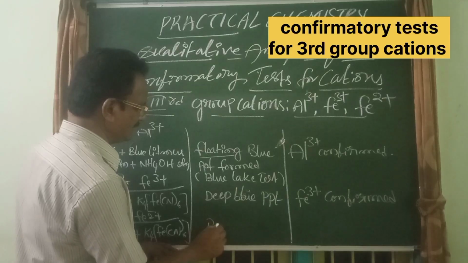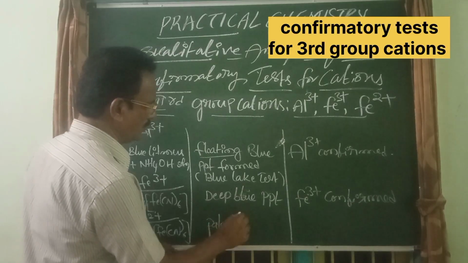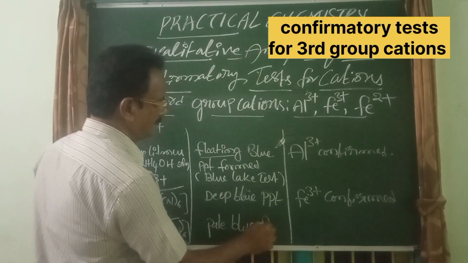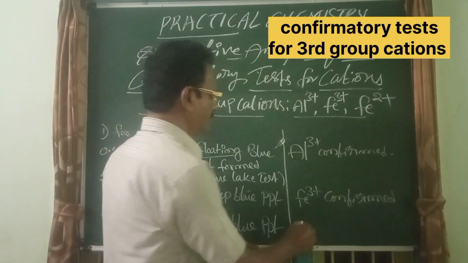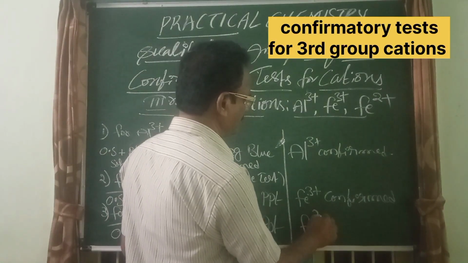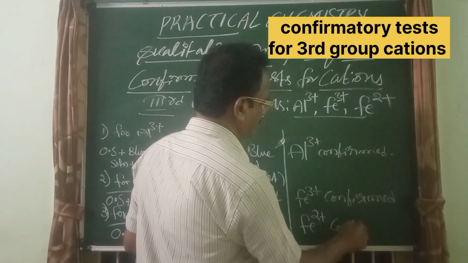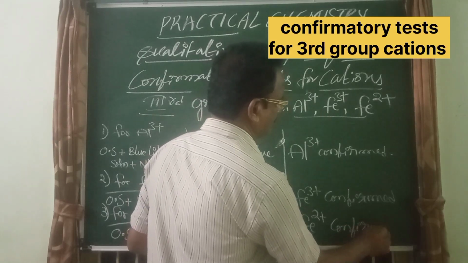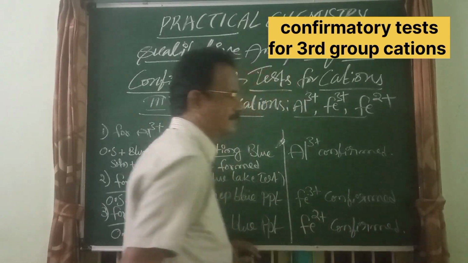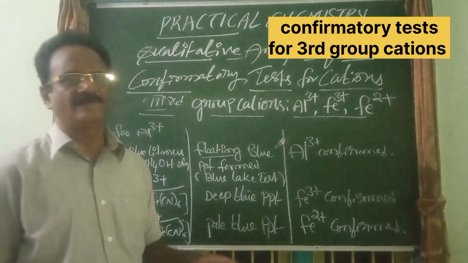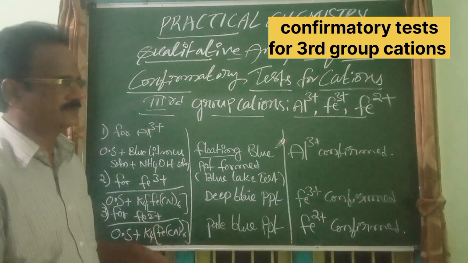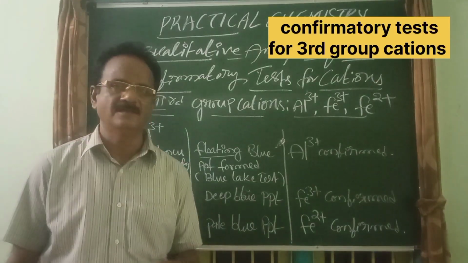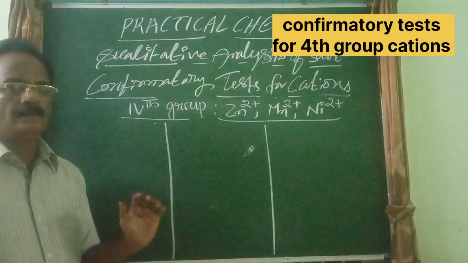Then if there is a pale blue or light blue precipitate formed, then we can confirm the presence of Fe2+. Like this, we have to do the confirmatory tests for third group cations.